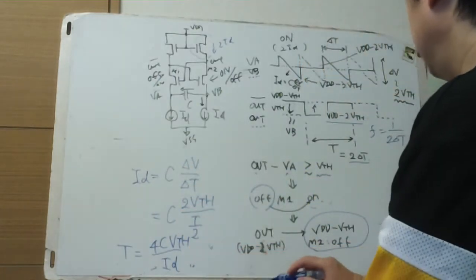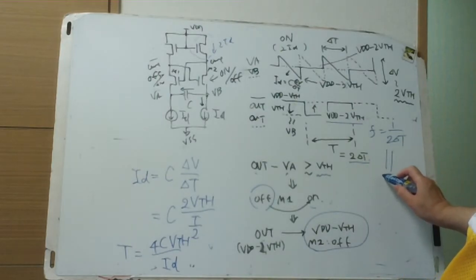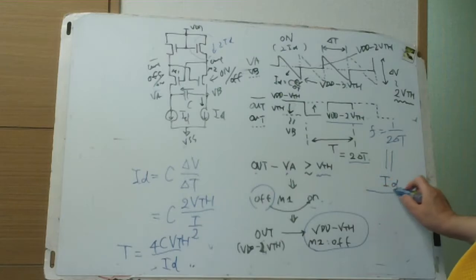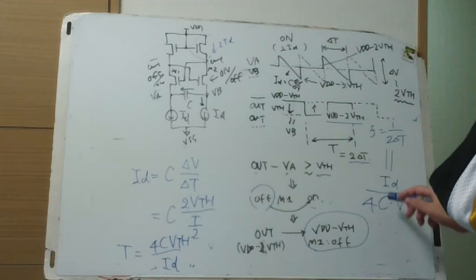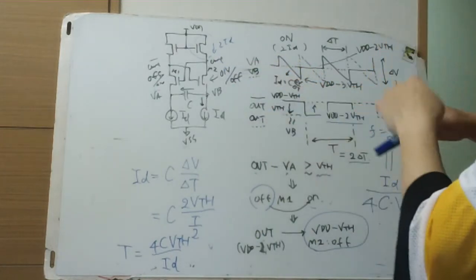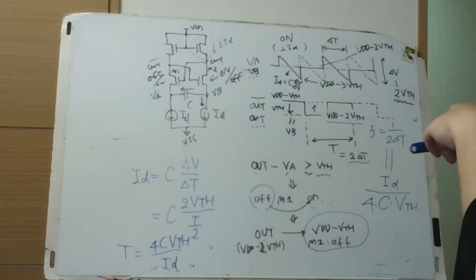And so the frequency F equals ID over 4C times VTH. At this frequency the output oscillates peak to peak with 2 VTH.